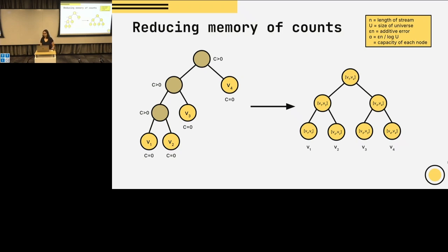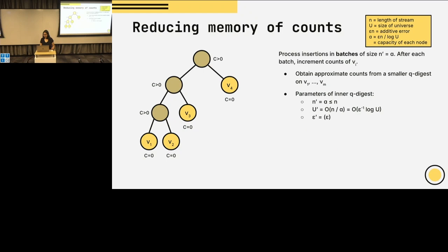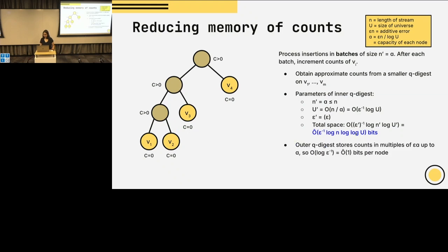So the new inner Q digest will only take log u times log n all over epsilon space, because if you just plug in the parameters of Q digest, that's what happens. That's how we get epsilon inverse log n times log u bits for the inner Q digest. And then for the outer Q digest, we need log epsilon inverse bits per node, as I said earlier. So in total, this will give us about O tilde of epsilon inverse log u words.